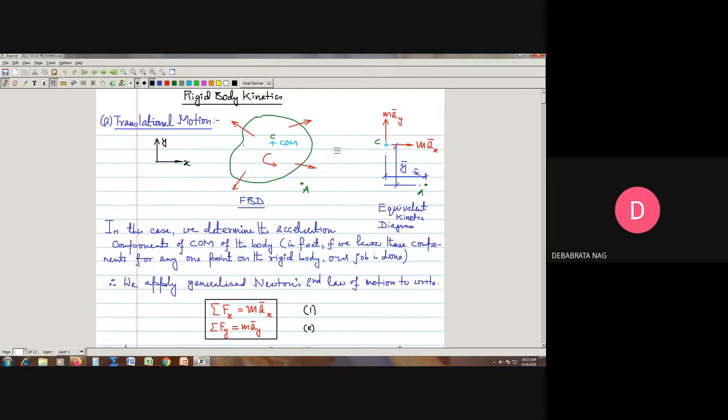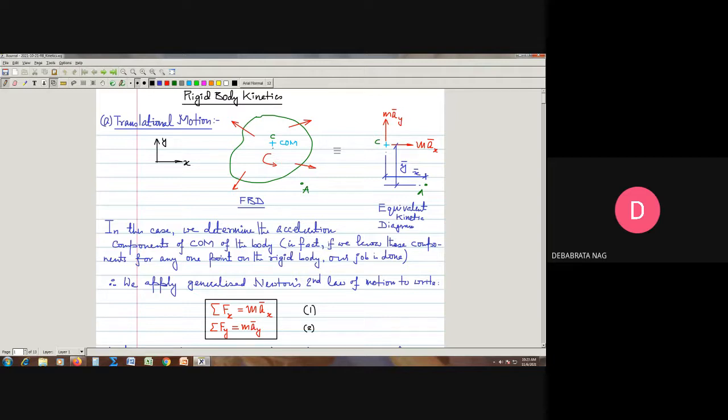So in this case of kinetics, we know that our basic governing equations will be applied, and the principle of kinetics is based on the fundamental concept of the free body diagram of the system under consideration. Here our system can be a single rigid body, or it can be a combination or a group of rigid bodies.